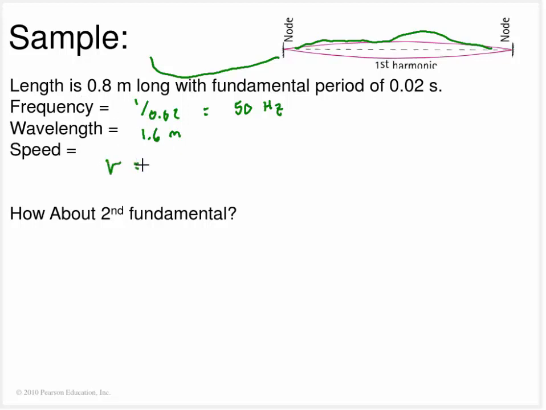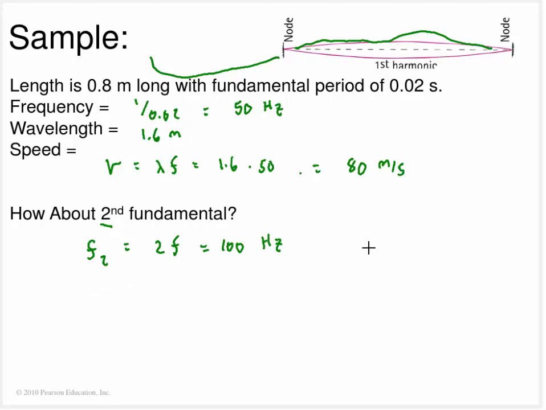And then I'm going to have my good friend v equals lambda multiplied by f. When you type in 1.6 meters multiplied by 50 hertz, you're going to get a wave speed equal to 80 meters per second. Now, how about the second harmonic? The second harmonic is going to have a frequency that is double the fundamental, so it's going to be equal to 100 hertz.